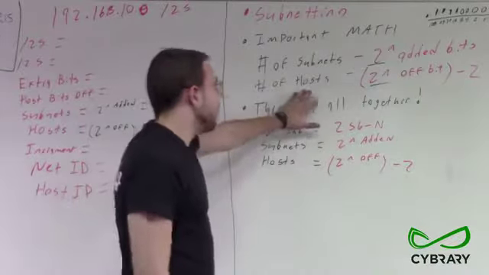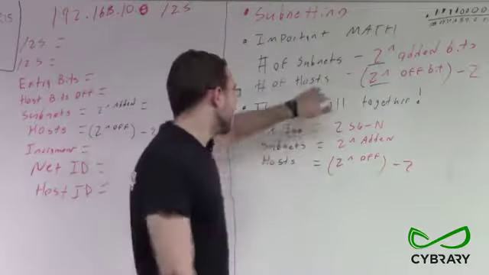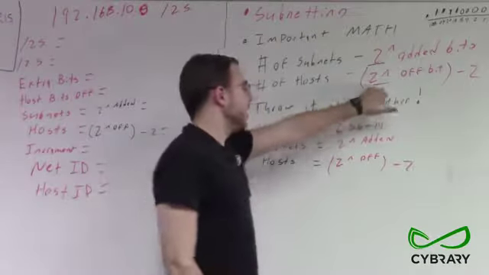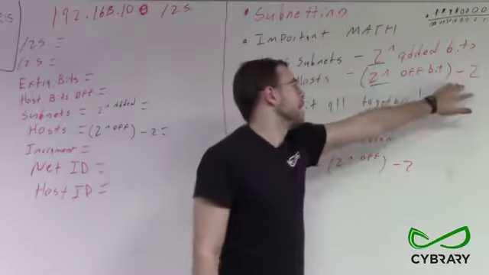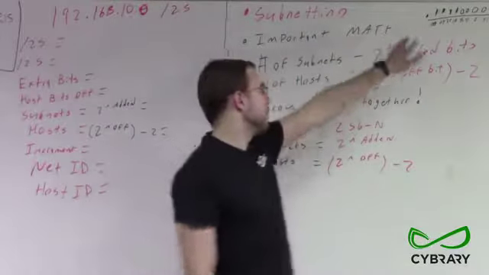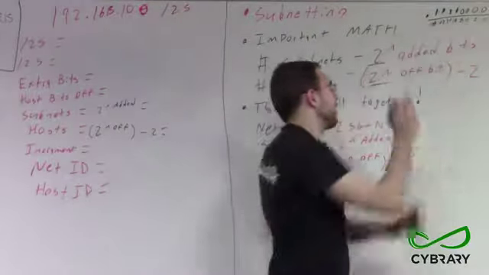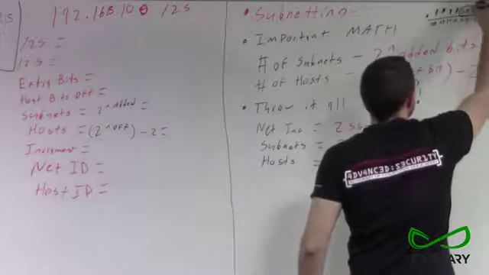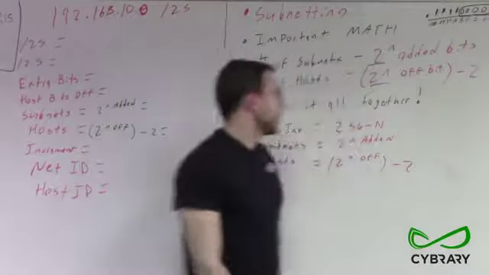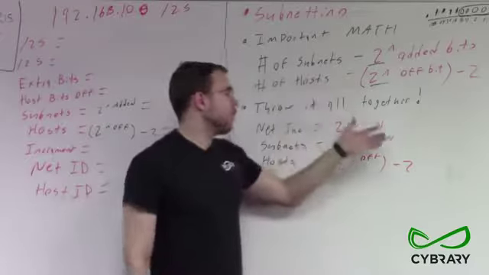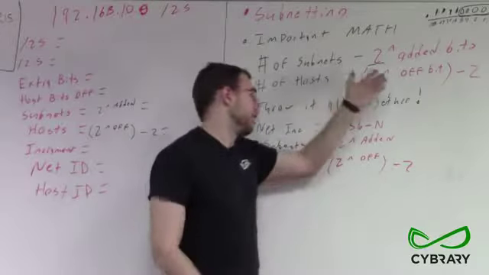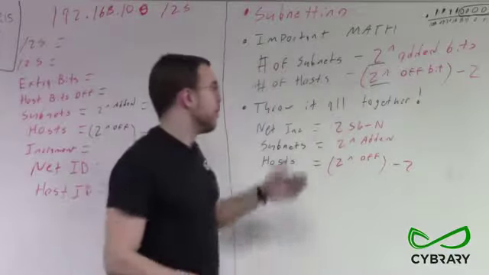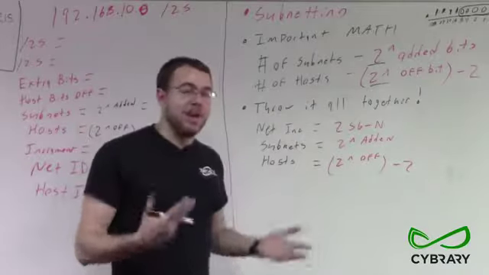What about the number of hosts in each of those subnets? Well, the number of hosts in each of those subnets is 2 to the power of the number of off bits, minus 2. Luckily, we have the same number of added bits as we do off bits, being our remaining host bits. So 2 to the power of remaining host bits, minus 2, will be 16 minus 2.